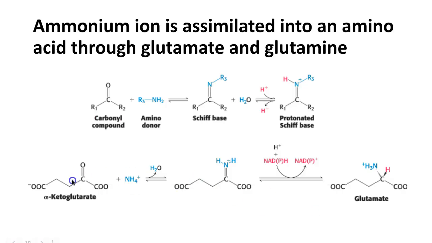And so, like I mentioned before, this is just a representation of alpha ketoglutarate, which is listed right here. You have the ammonium ion, which is that amine donor, and now it's forming this Schiff base.